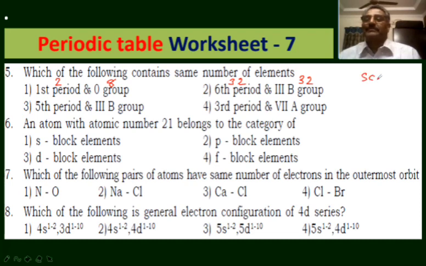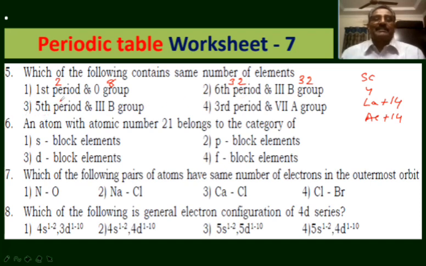The scandium, yttrium, and lanthanum plus 14 lanthanides, actinium plus 14 actinides. 14 plus 14, 28, 28 plus 2, 30, 30 plus 2, 32. So there are 32 elements in 6th period and 32 elements in 3rd B group. The 3rd B group is the group which has the largest number of elements.